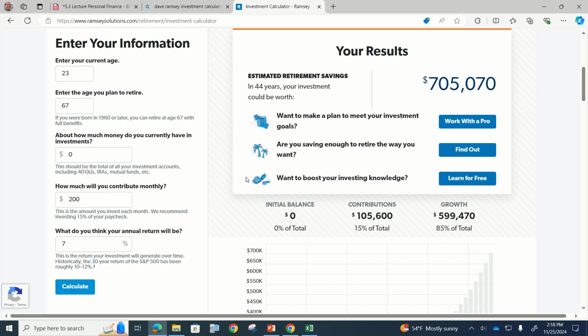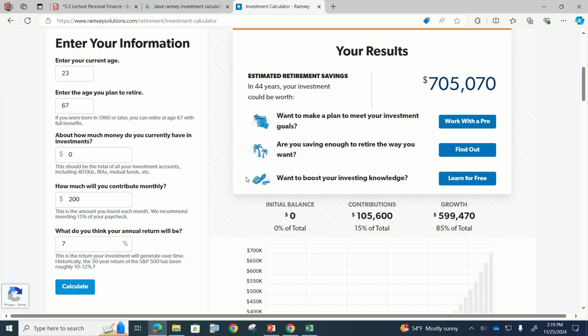I only personally had to contribute $105,000, which is a lot of money, but you know, spread over the course of 40-something years, 44 years. And actually, the growth from the interest is the lion's share of the thing. It's 85% of my total is not money that I worked for, not money that I took out of my own wallet and put in, but that's just interest. This is how my investment happened to grow over time.